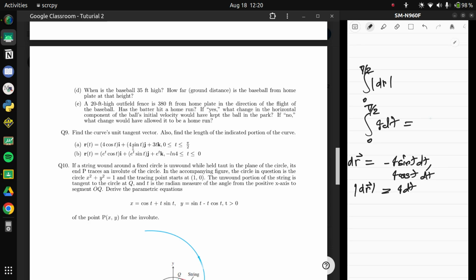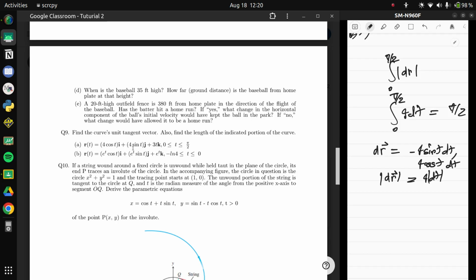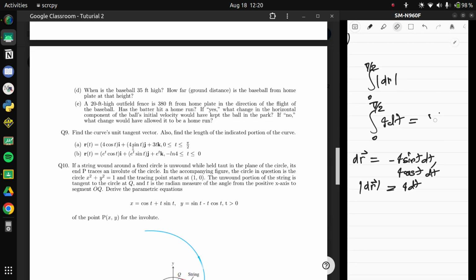It's just pi by 2. I mean, it should be absolute value everywhere, but who cares? I mean, yeah, okay, as long as your dt is positive. I guess that works. Okay, cool. So it's just pi by 2.